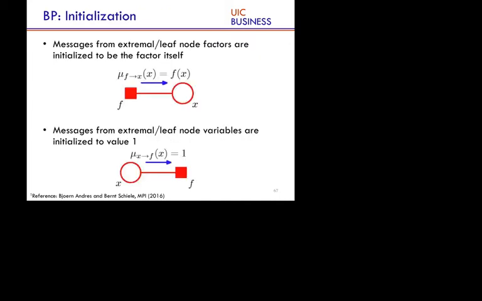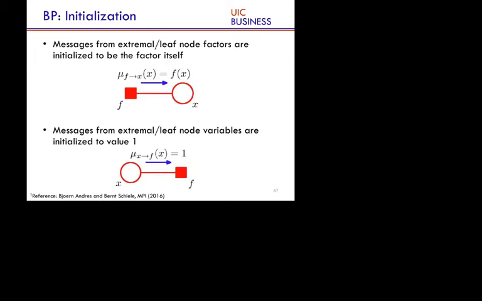So what is initialization? Initialization is as follows. Messages from leaf node factors, nodes at the extreme end which are only connected to one other node. For example, if it's a square, a factor node, it's connected to a variable node. Then the message from this factor node to the variable will just be the factor itself, the term itself.